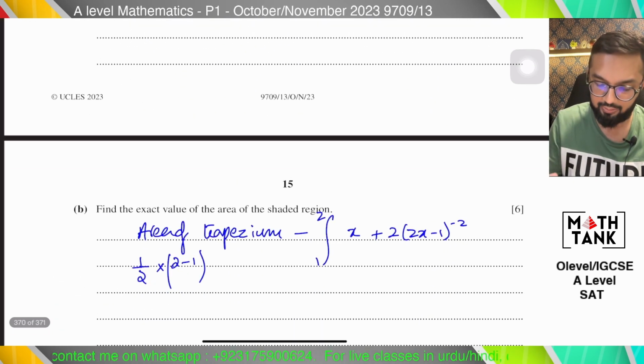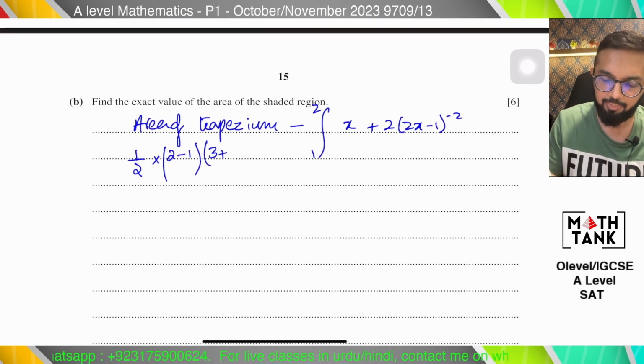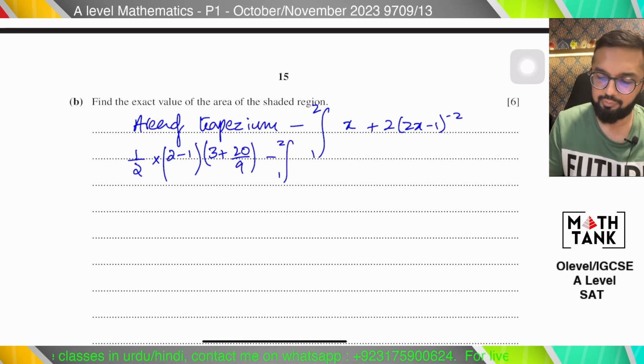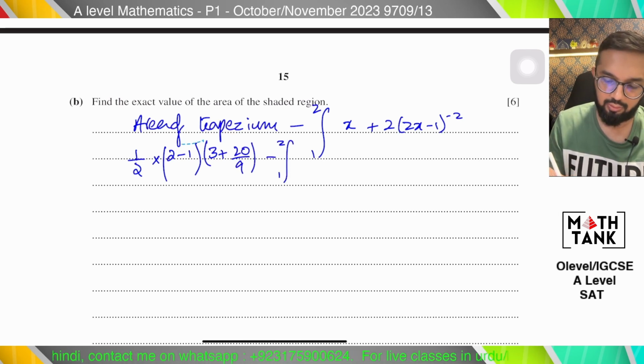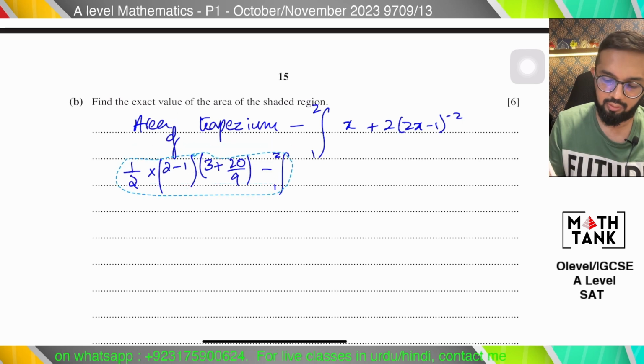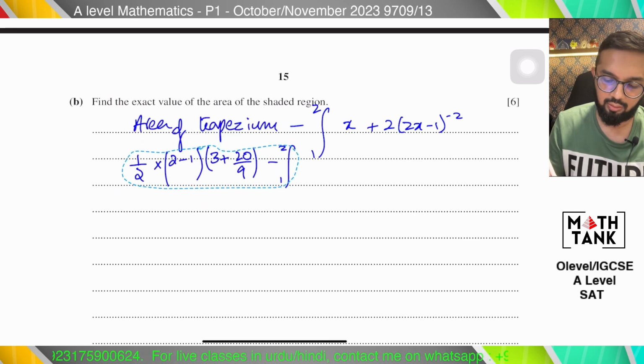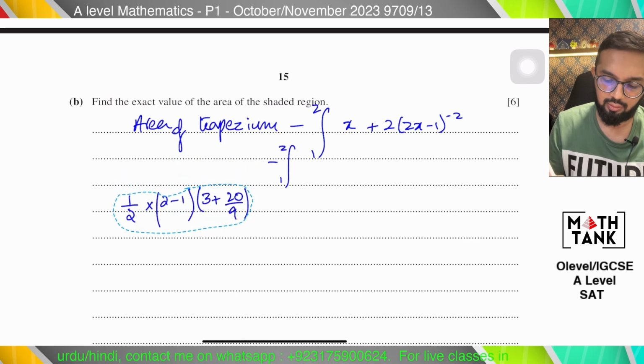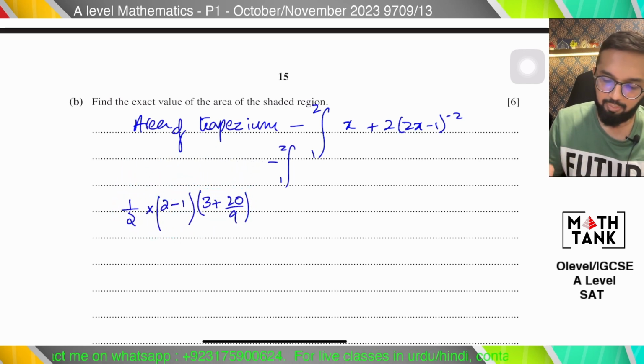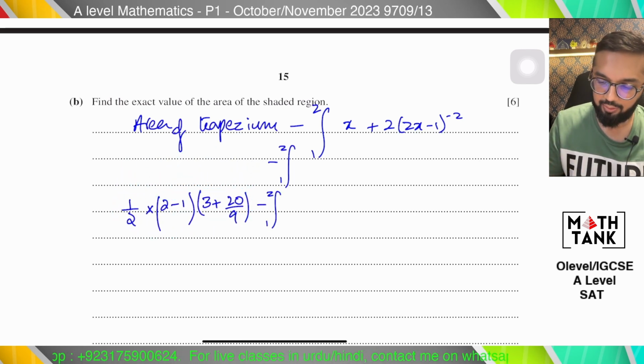One is 3 and the other is 20 over 9. So you add 3 plus 20 over 9. Okay, minus the integral from 1 to 2 of this.